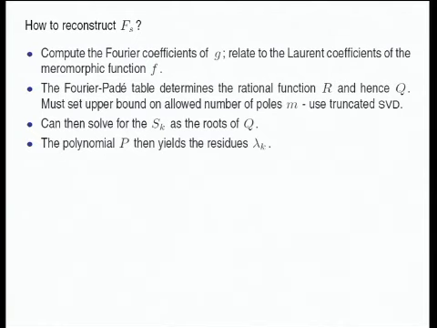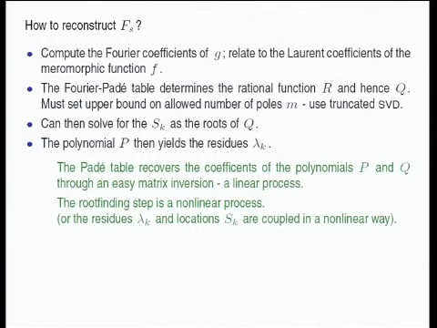I need a regularization step. Once I solve for the sk as the roots, and then the polynomial in the numerator gives me the residues lambda k. So this can be done, in fact, very quickly. Okay? So this is just basically information about it's nonlinear, but you see it's only one nonlinear step in it.